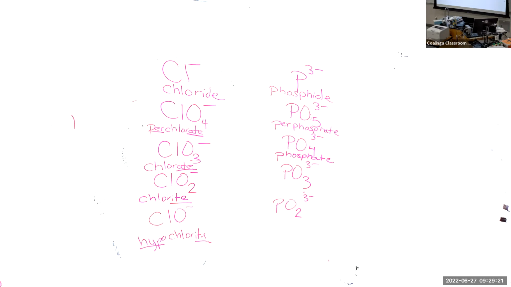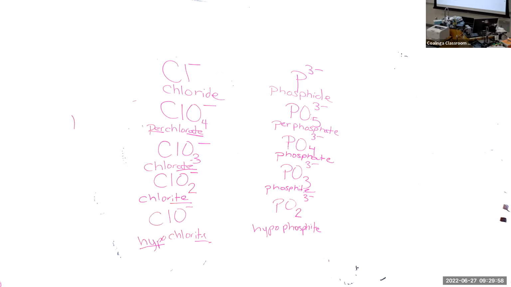Okay, 1 less than the phosphate is phosphite. And 1 less than the phosphite is hypophosphite. Guys got it so far?